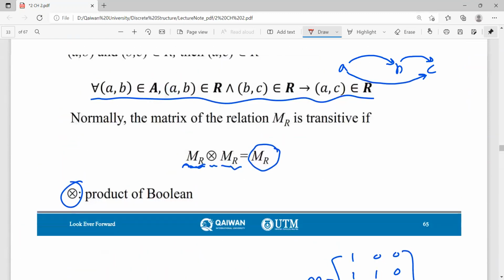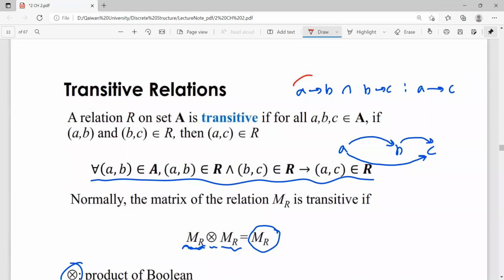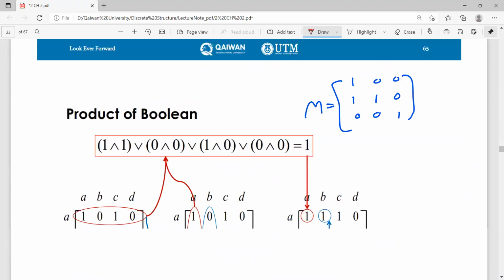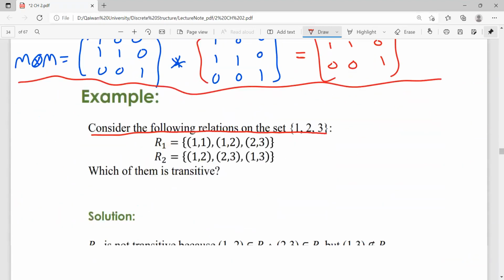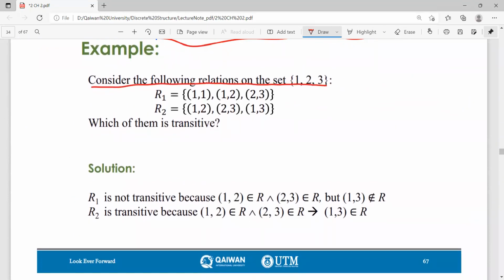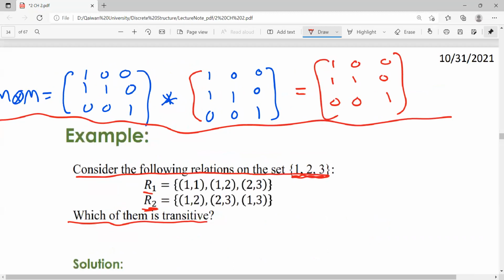But if we have the set form, we say if we have (a, b) and (b, c), we must have (a, c) also, for all a, b, c in the set X. Here we have these two relations on the set 1, 2, and 3. R1 is (1,1), (1,2), (2,3). And in R2, we have (1,2), (2,3), (1,3). It says which of them is transitive and which is not.